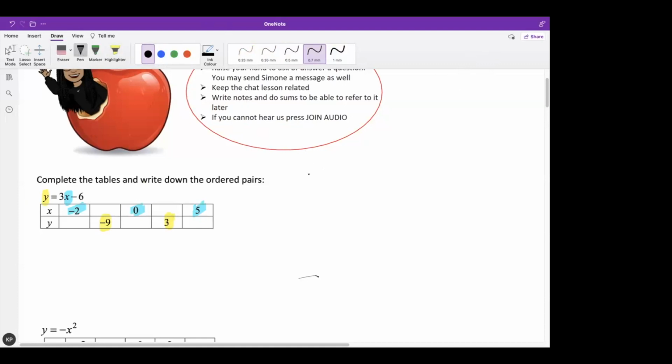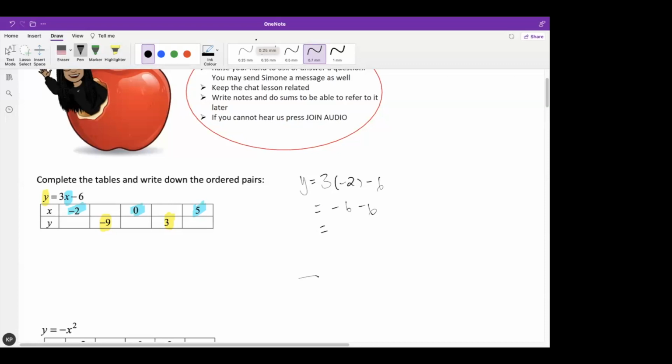Now let's do it. Okay, let's start with X equals -2. So then you're going to say Y equals 3 times, and instead of X, you substitute -2, minus 6. 3 times -2 would be -6, minus 6. What's the answer? Has anybody tried it?